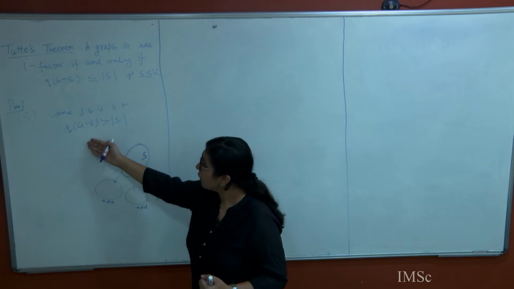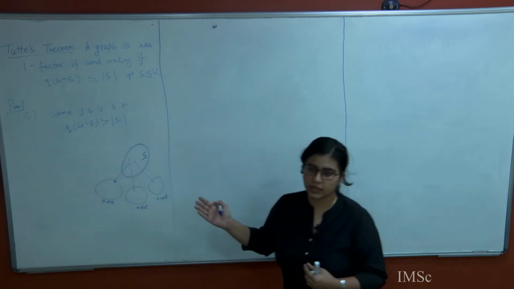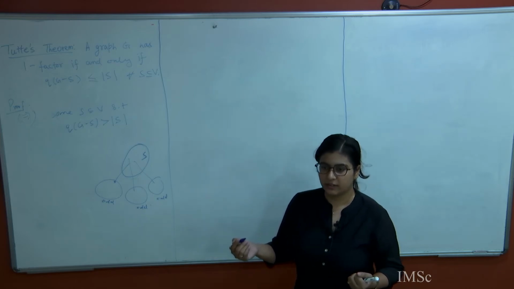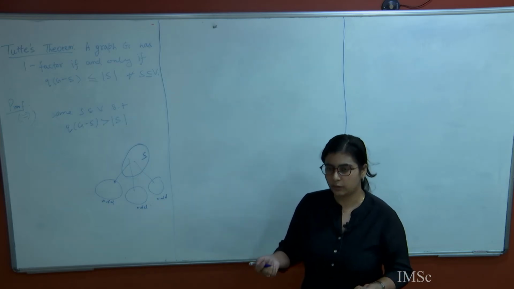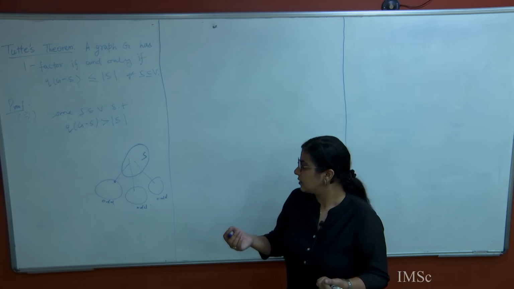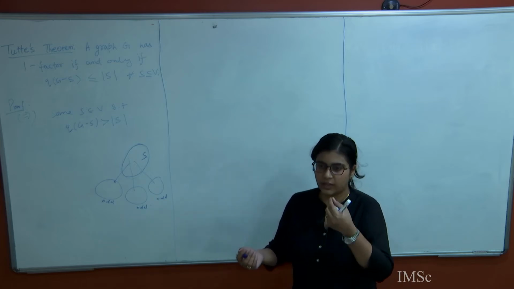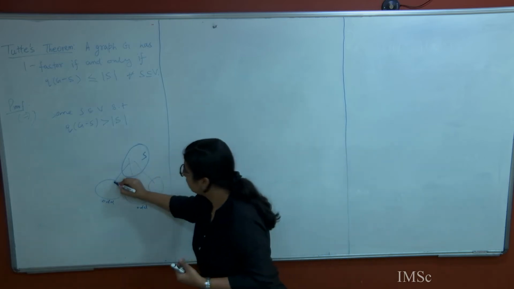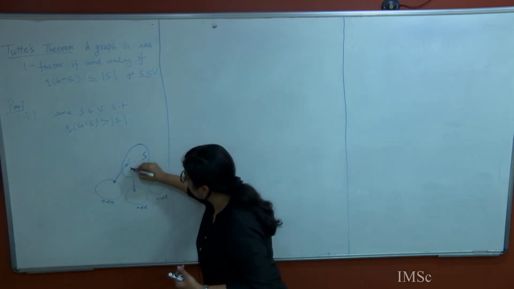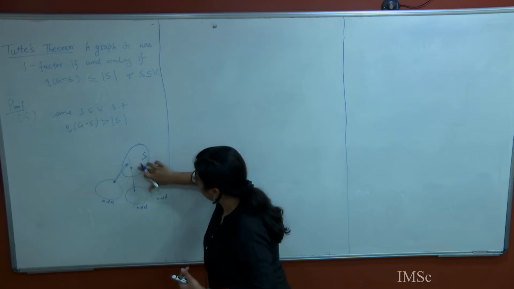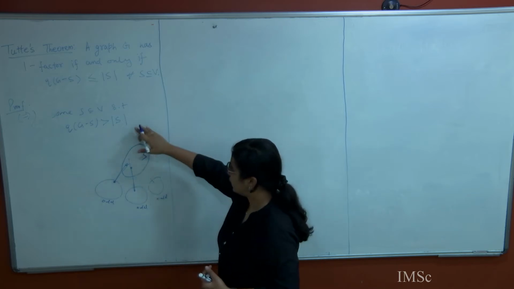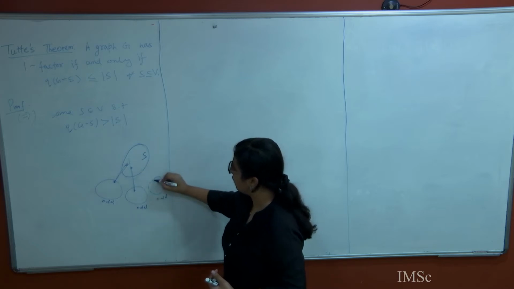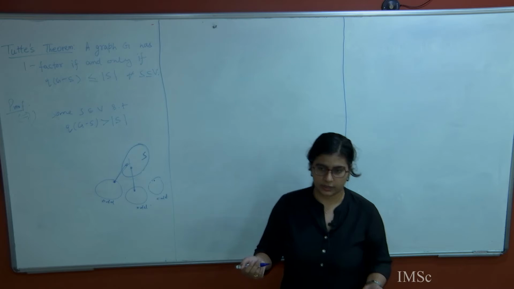Now if the number of odd components is more than the cardinality of S, what does it imply? That at least one odd component will remain such that you cannot match any vertex from this odd component to S. I can match like this, but because the cardinality of S is strictly less than the number of odd components, some odd component will be left with an unmatched vertex.